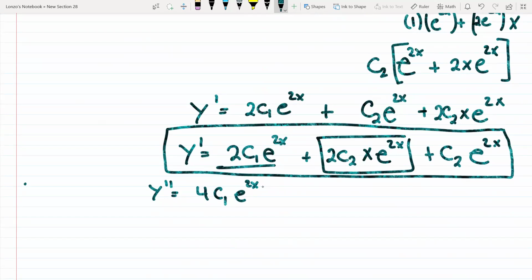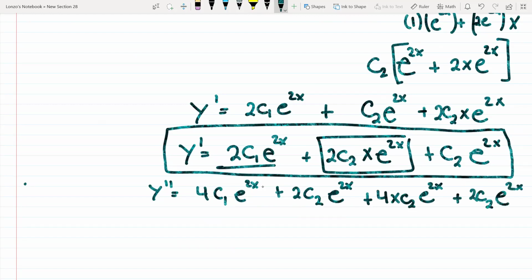So if you put it all together, it's going to be plus 2C2 e to the 2x plus 4xC2 e to the 2x plus 2C2 e to the 2x.